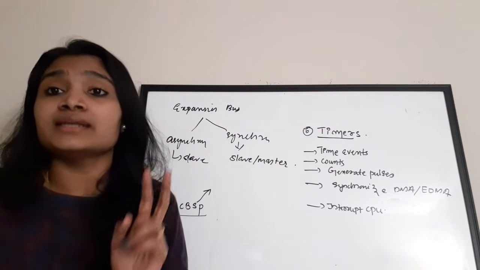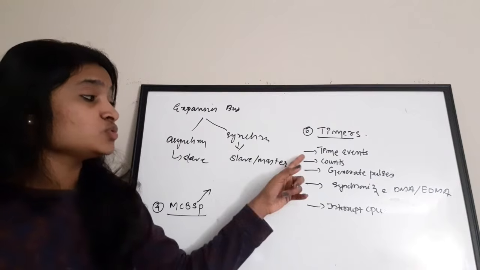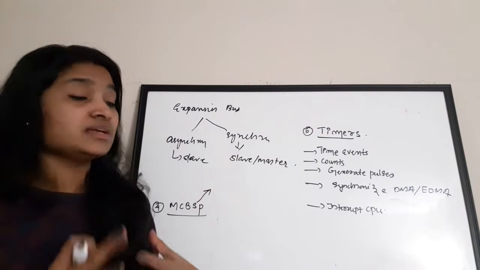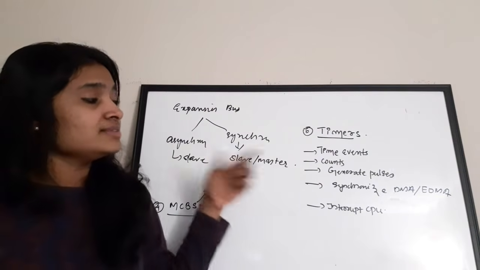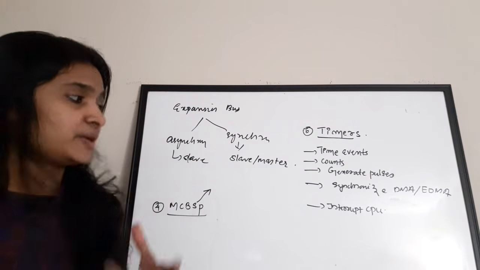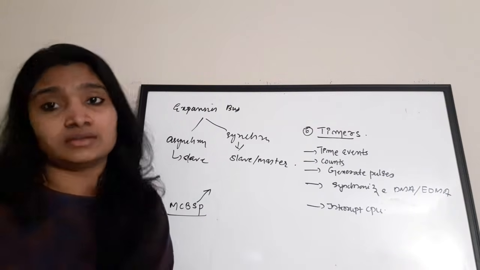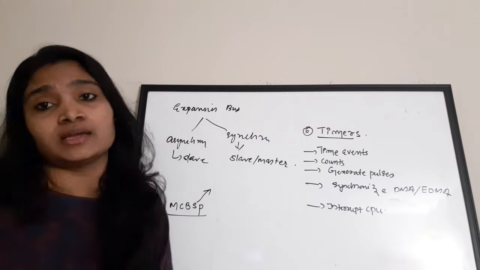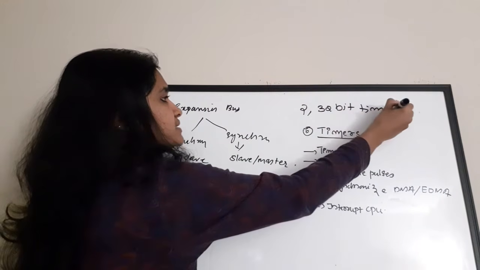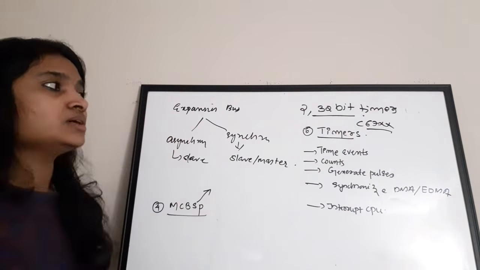The functions of these timers are timing of events, generating counts, and generating pulses. When direct memory access or EDMA is used, they are used for synchronization, and they are also used for interrupting the CPU, that is, generating interrupts. So that is all about the timers.